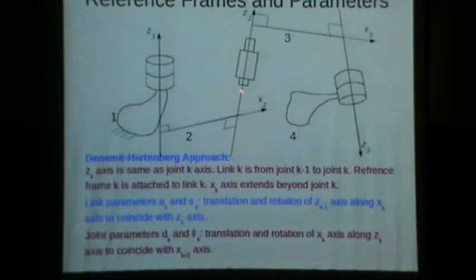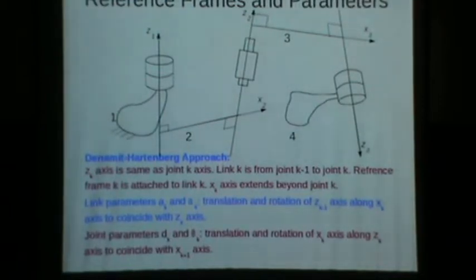Similarly, at the joint you have two parameters. One is called the offset of the joint, called d_k, which is the distance between this point and this point. That is, along this axis there are two common normals which join them. There are two links on them. The distance between the two links is called the joint offset, and that's called d.